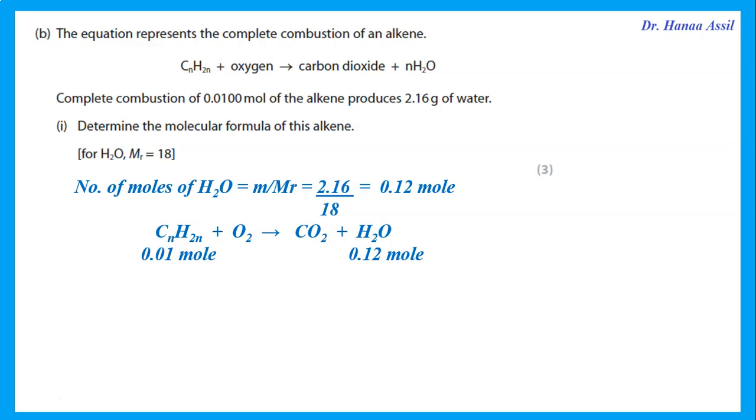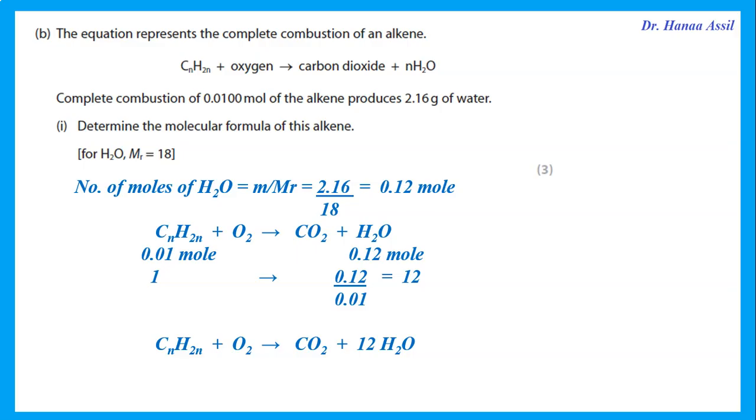So from the equation I want, what would I get if I'm starting with 1 mole of CnH2n? So simple cross multiplication, if I'm starting with 1 mole of the alkene, I should end up with 12 moles of water. And that means in that equation, n is 12.